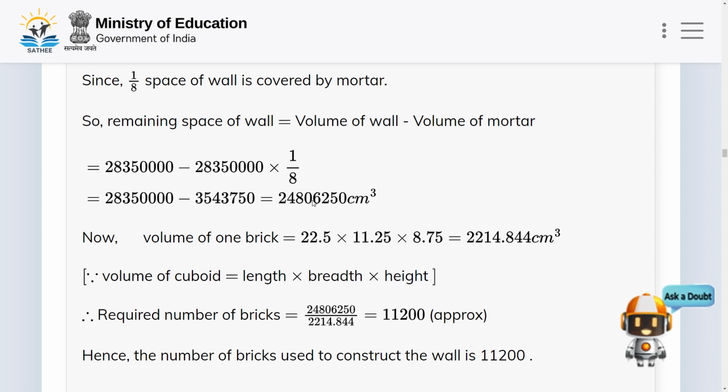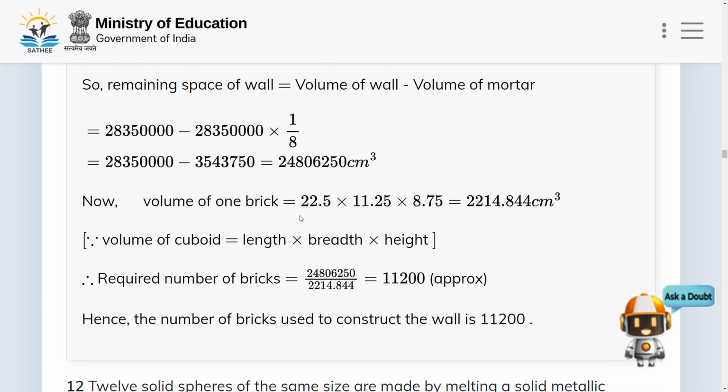So the volume of the remaining space of the wall is equal to 24806250 centimeter cube, and now the volume of one brick is equal to 22.5 into 11.25 into 8.75, and this is equal to 2214.844 centimeter cube, since volume of cuboid is equal to length into breadth into height.